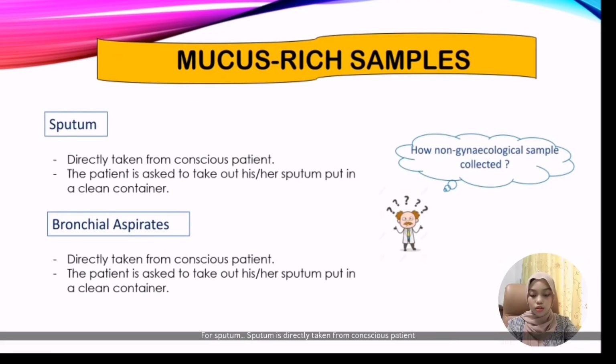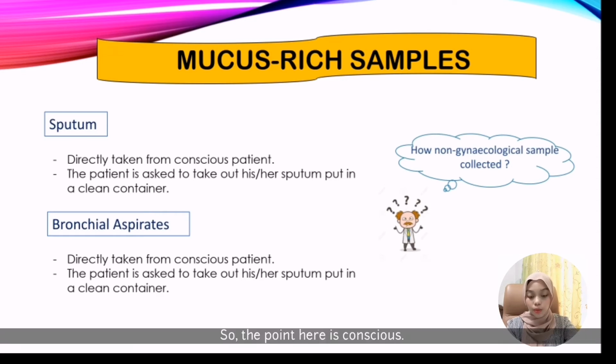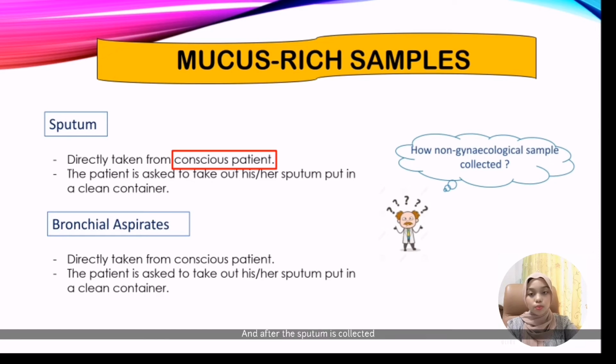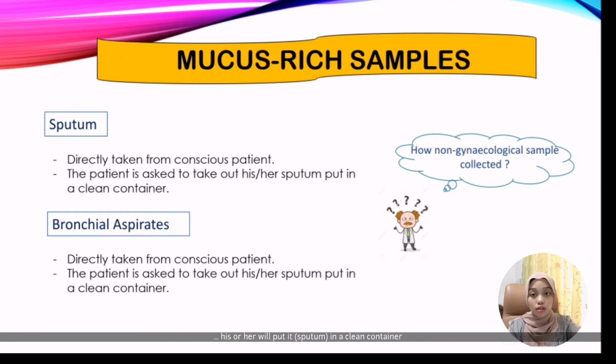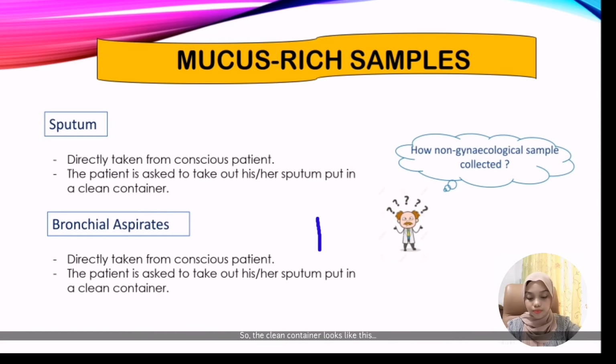Okay, sputum is directly taken from a conscious patient. So the point here is conscious. After the sputum is collected, it will be put in a clean container. So the clean container looks like this.